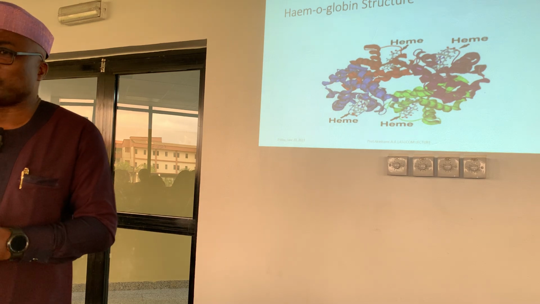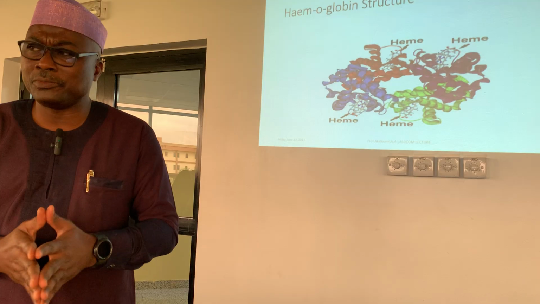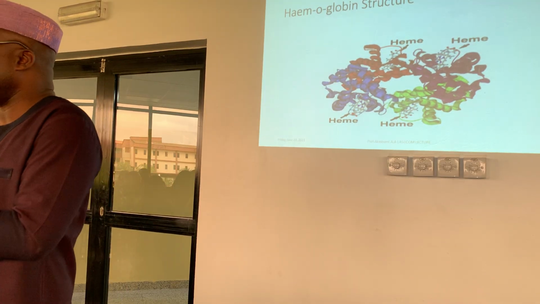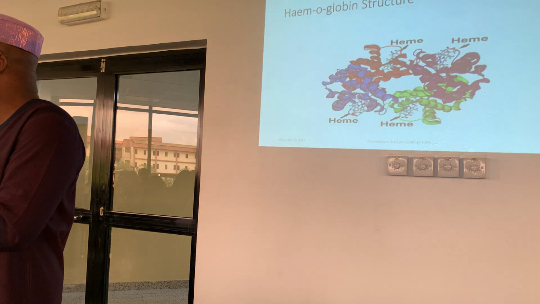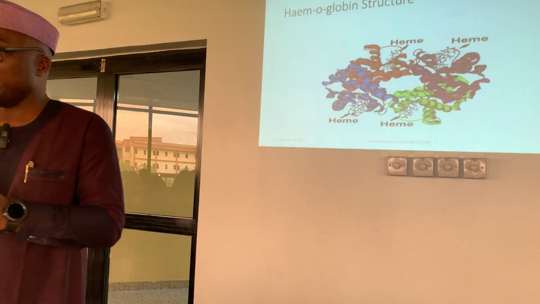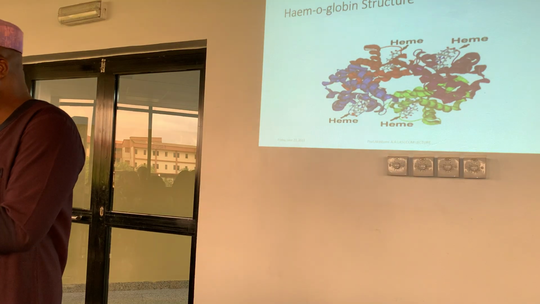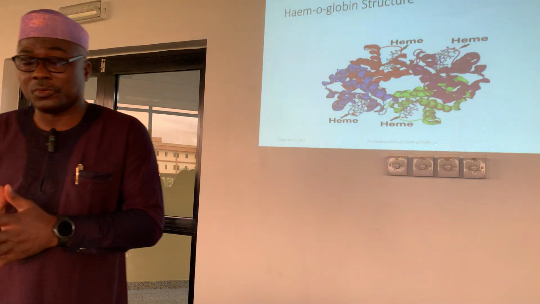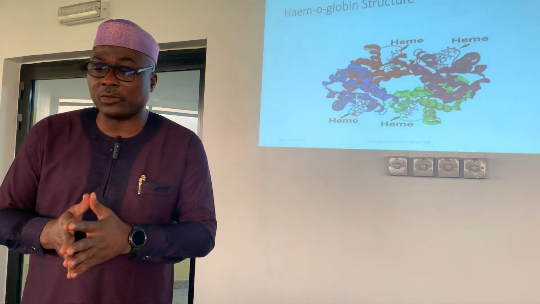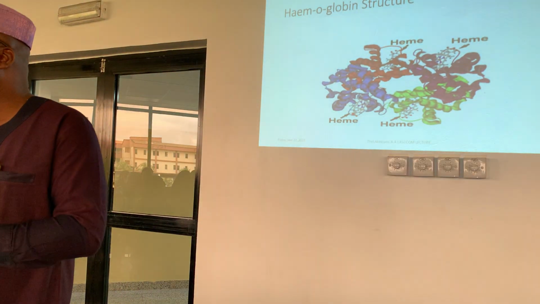So in this lecture we'll be talking about heme, and we'll be talking about globin. We'll be talking about their synthesis, we'll be talking about their breakdown. Then we'll talk about the function of hemoglobin.